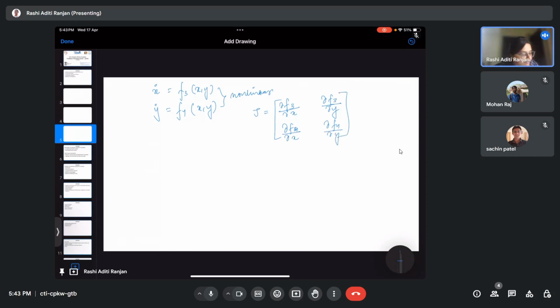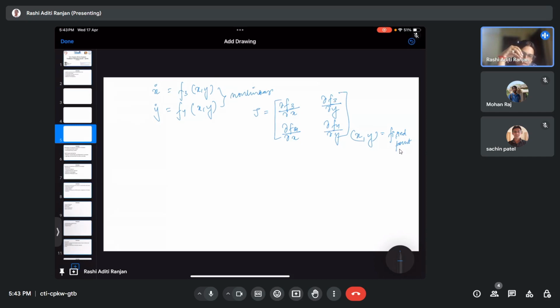After that, we'll put x, y equal to whatever fixed point I want. For example, if I have 3 fixed points, 4 fixed points, 5 fixed points, however many fixed points we have, we'll have to deal with them one by one. So I'll find the Jacobian, put in the value of the fixed point, and then I'll get a linearized matrix.